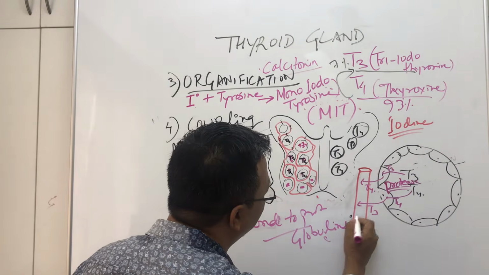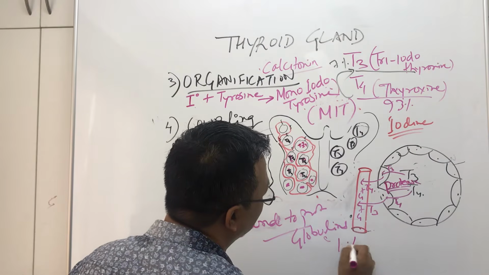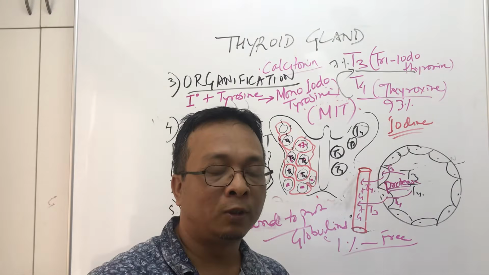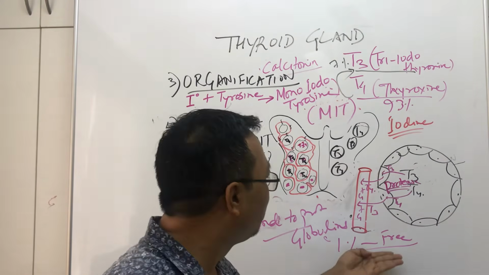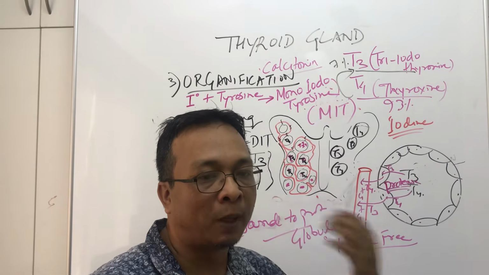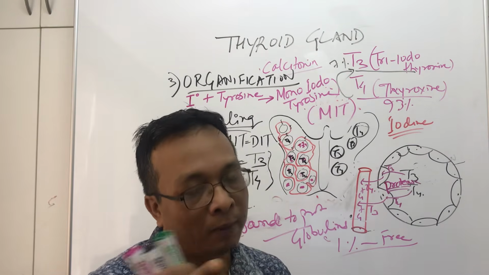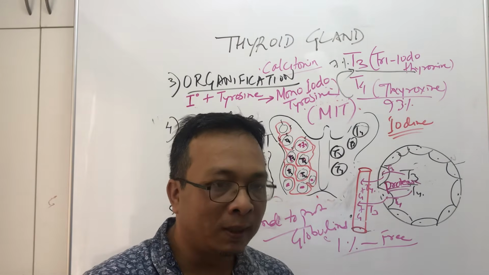So 99% remain combined with globulin, and only 1% remains free. You have to know this, because all the thyroid hormone actions are done by free hormones, not the bound hormone. It doesn't matter how much bound hormone you have. If you have more free hormones, you will have more thyroid hormone action. If you have less free hormones, there will be less action.